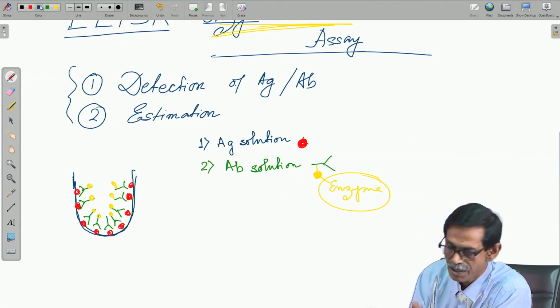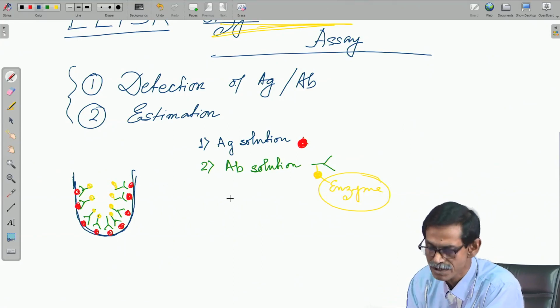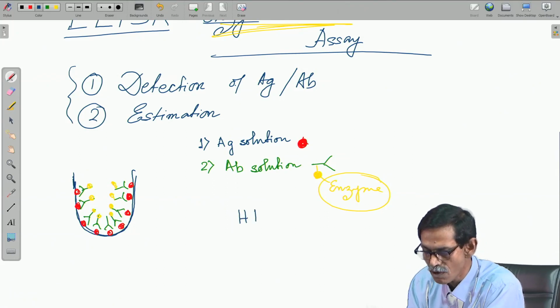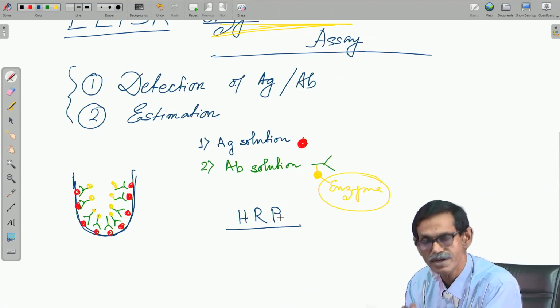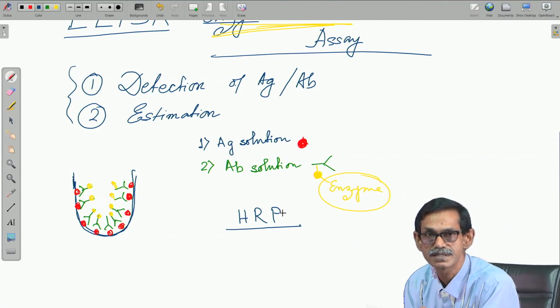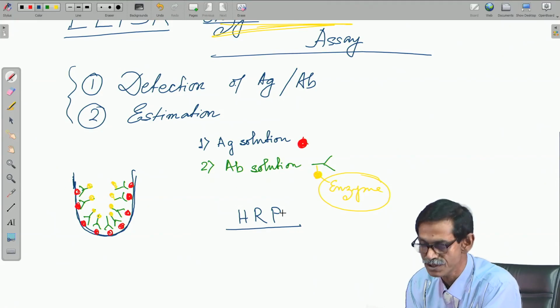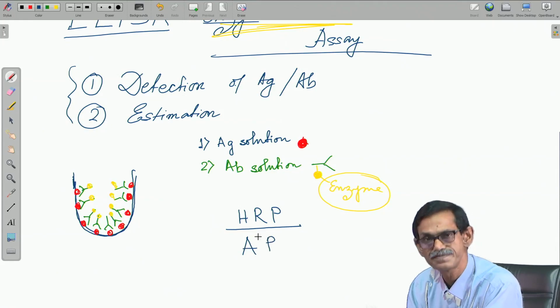There are many enzymes in the world, and not every enzyme can be used, but the one we use is horseradish peroxidase. Peroxidase is the enzyme and horseradish is the source, which is a plant, there is no animal involved though the name has horse. Another is alkaline phosphatase.